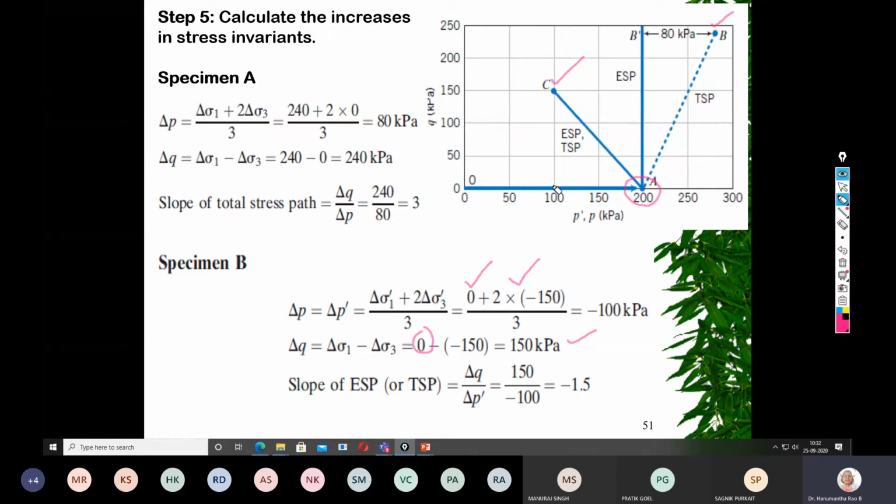So this is 100 comma 150. This is the total or effective stress path for specimen B, and this is the total stress path for specimen A. Sorry, so this is for specimen A, and this is for specimen B.